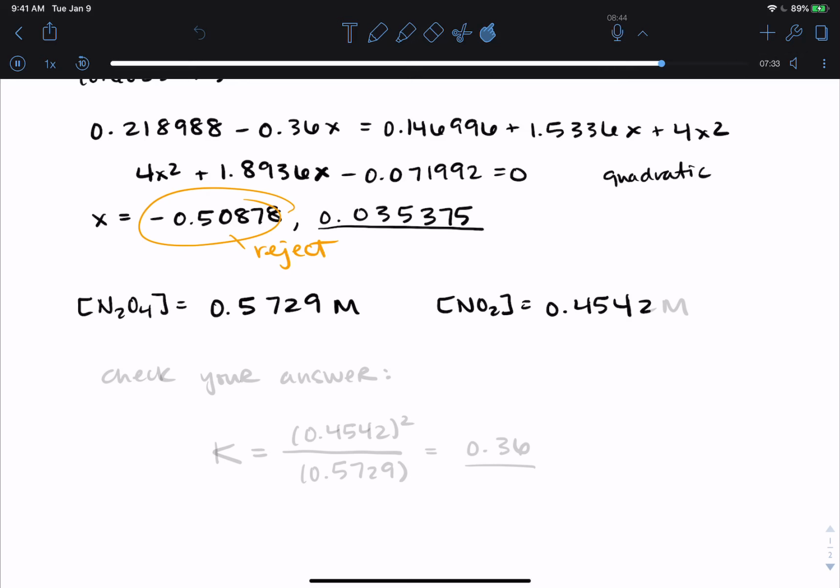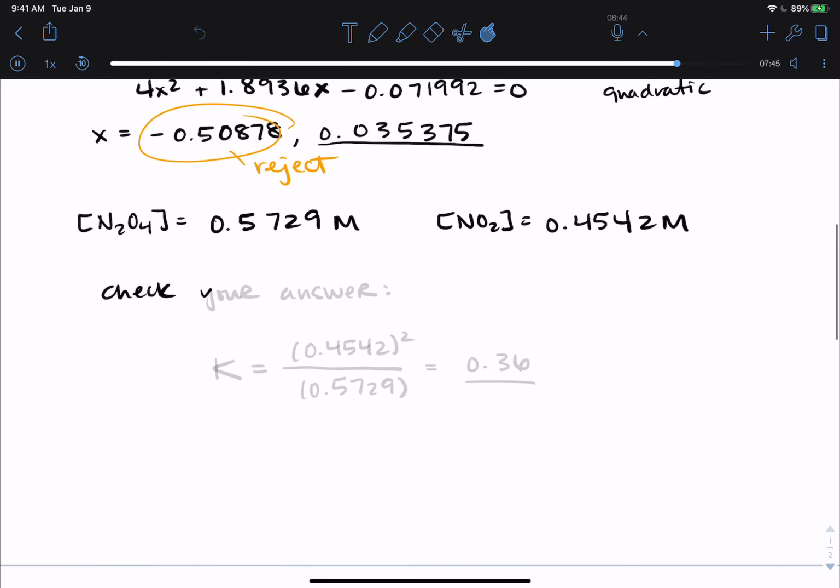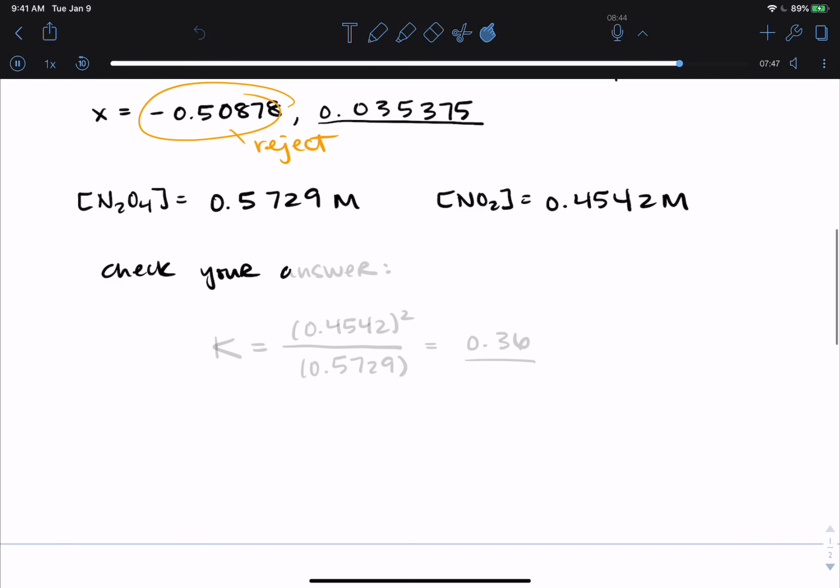And this is a lot of steps. This is a lot of math. One way that you can check your answer, take a minute to see if you can think of what you might be able to do. We have equilibrium concentrations. We're saying that this reaction is at equilibrium.